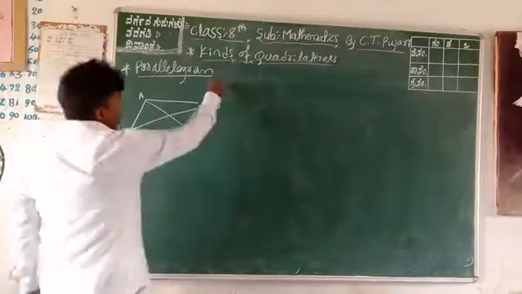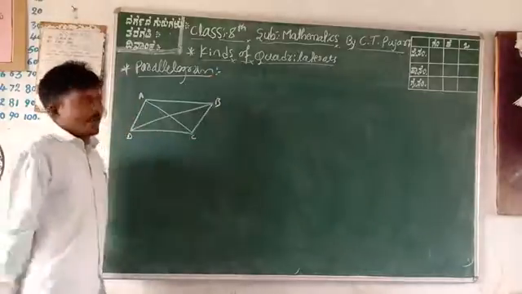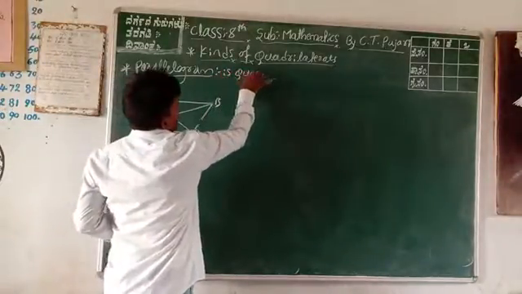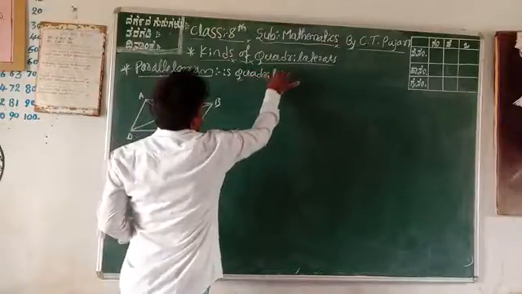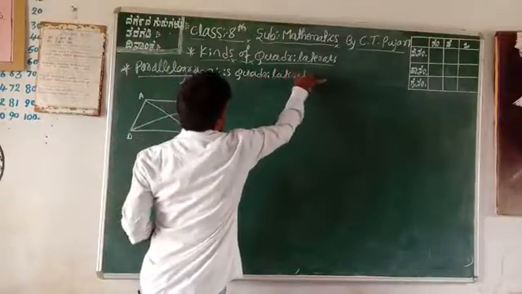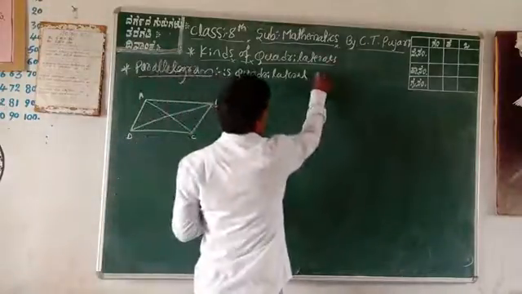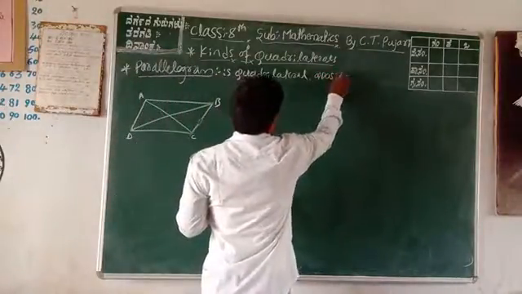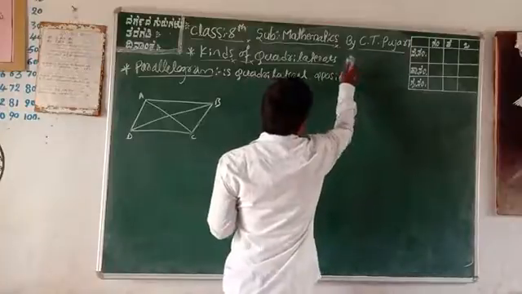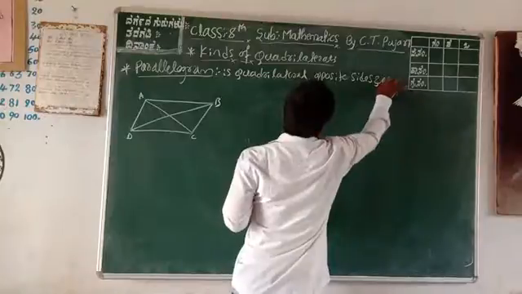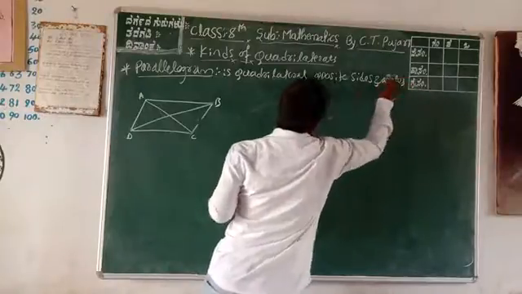Next, the definition of a parallelogram. A parallelogram is a quadrilateral whose opposite sides and angles are equal.